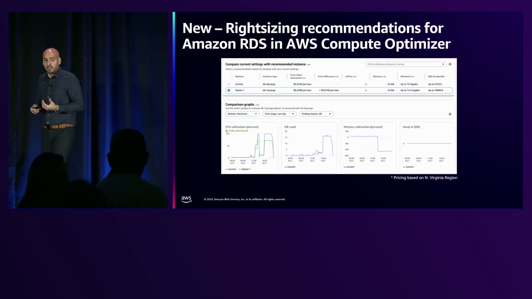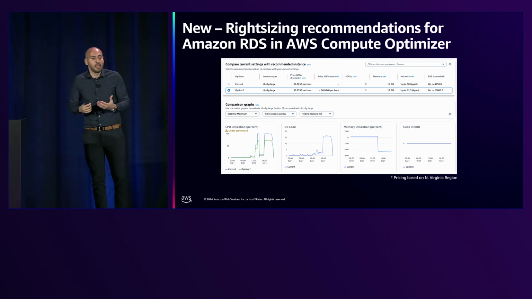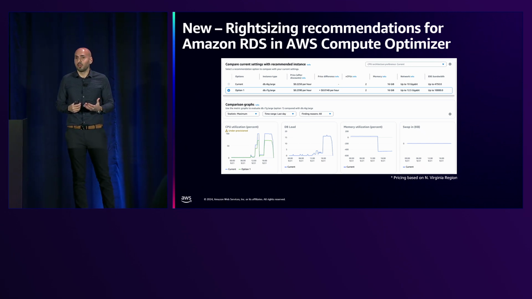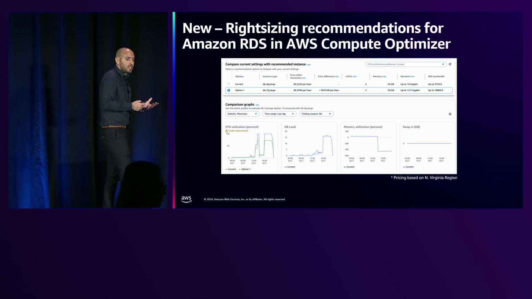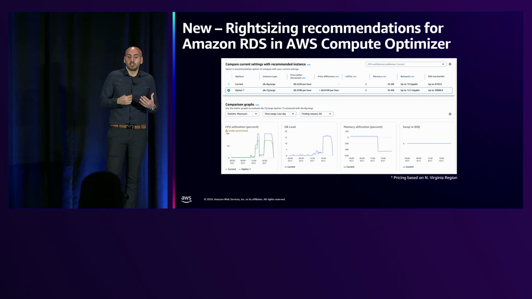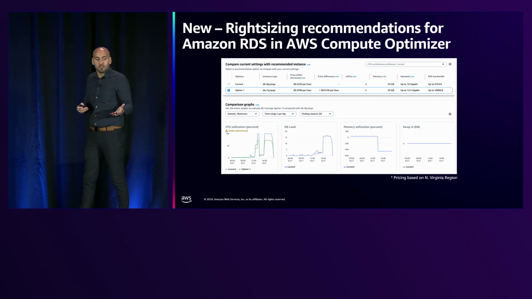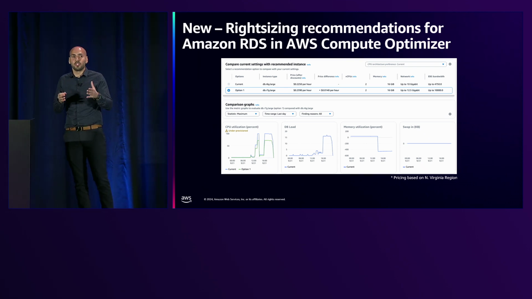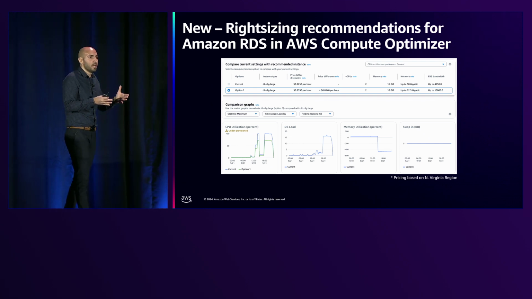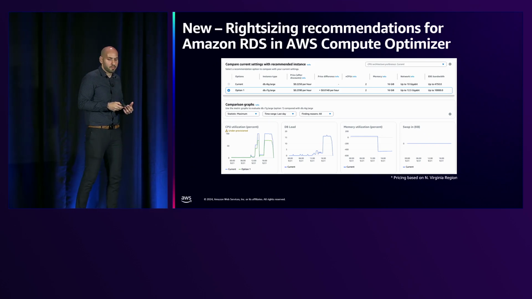And this is why a few months ago, we listened to your feedback, and we announced AWS Compute Optimizer support for Amazon RDS MySQL and Amazon RDS Postgres. So now we can help you identify the right instance size for your fleet of instances. In this screenshot, you can see a recommendation to move from R6G, which is based on Graviton 2 generation, to R7G, which is based on Graviton 3 generation, that provides improved price performance.